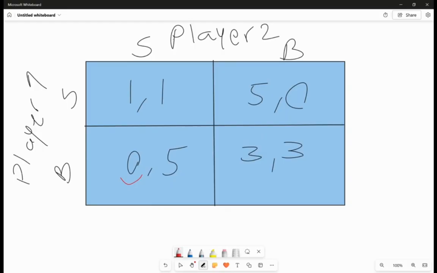Under this column, when player 2 remains silent, if player 1 remains silent, then it's going to be 1 year of jail. But if player 1 doesn't remain silent, then they're going to go for free, right? So that means when player 2 remains silent, the best decision by player 1 is not to remain silent, right?